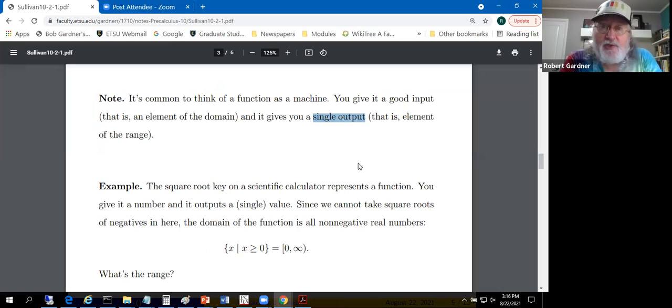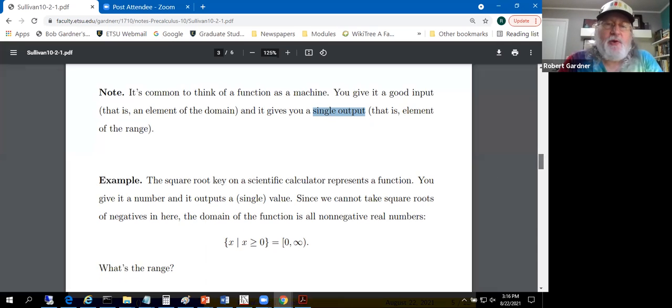You might take an inverse sine or an inverse cosine or an inverse tangent of some input, and you're going to get a specific output, and you have to know how to interpret that. With square roots, you might have wanted the negative square root. There's only 2 choices. With these other trig functions, there's lots of choices. You have to know what's going on and what the calculator's doing. But we want to think of functions as machines. We'll have a little diagram here shortly.